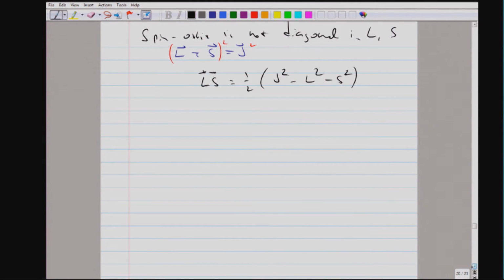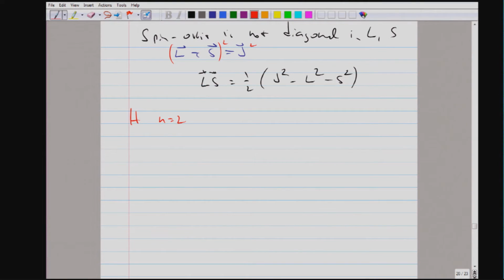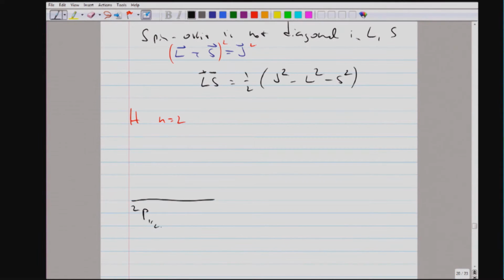Okay, let's put things together. At the beginning of this class, we started out with a hydrogen atom where, let me just focus on n equals 2, all n equals 2 states have the same energy. That's what comes out of the non-relativistic Schrödinger equation with the Coulomb potential. And that means we had a degeneracy for the 2p1/2, the 2p3/2, and the 2s1/2 state.